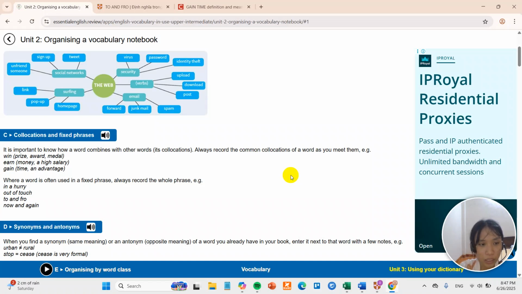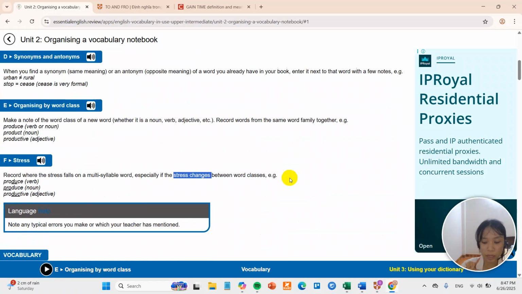Example: in a hurry, out of touch, to and fro, now and again. D. Synonyms and antonyms. When you find a synonym, same meaning, or an antonym, opposite meaning, of a word you already have in your book, enter it next to that word with a few notes. Example: urban, rural. Antonyms: stop, cease. Cease is very formal.